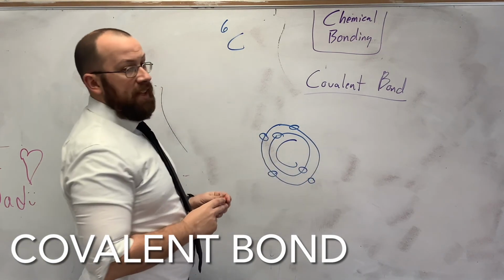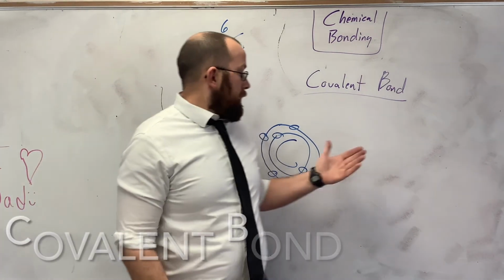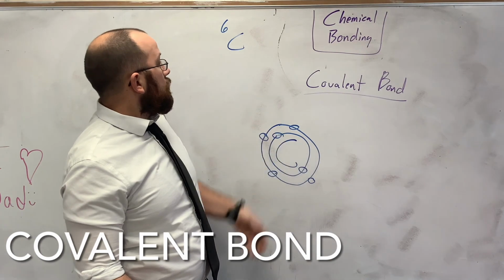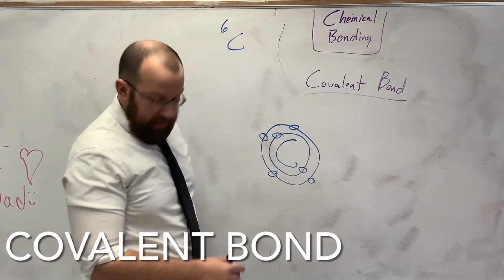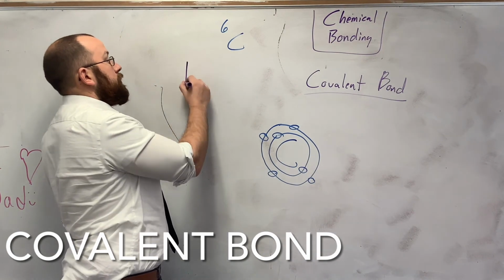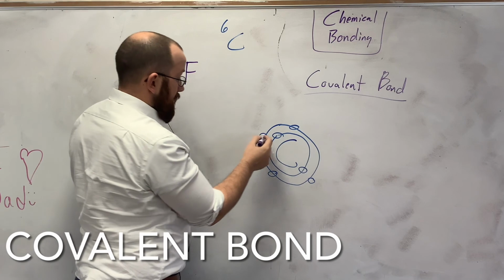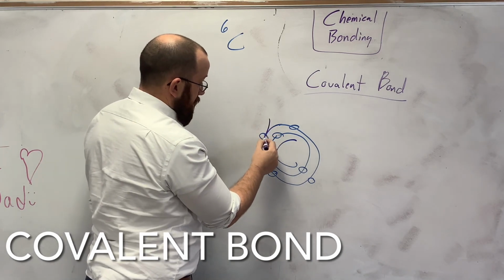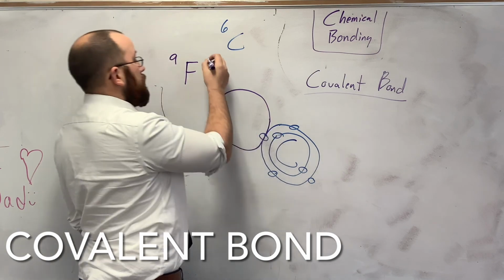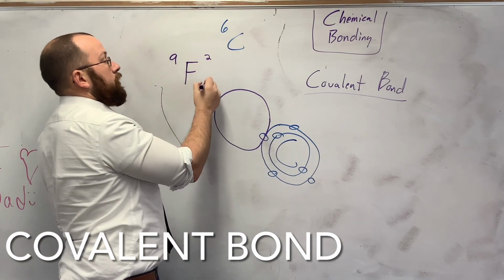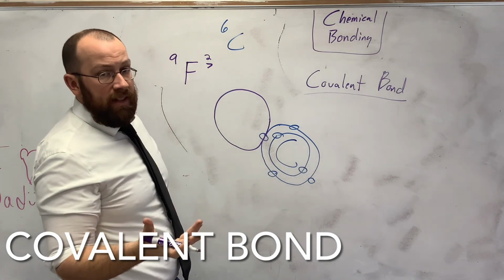Now instead of sending it over, I can combine this carbon here with fluorine. Fluorine is 9. So that means fluorine is going to have 2 in its innermost shell, and then 7 in its valence shell, because it has 9 altogether.